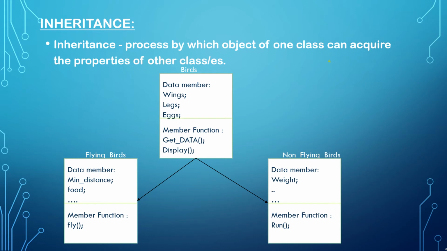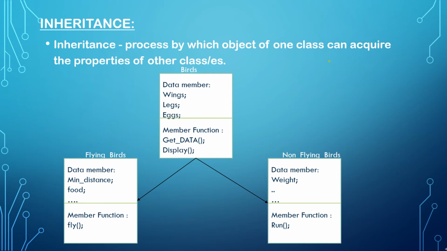The flying birds will have its own data members, that is minimum distance and food, along with the details of wings, legs, and eggs in the parent class. In the non-flying birds class also we will have weight as its data member, in addition to wings, legs, and eggs as data members which are given in the base class.